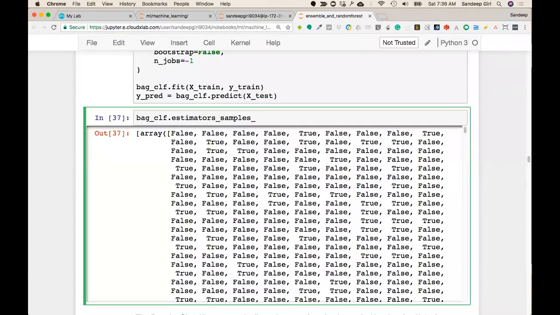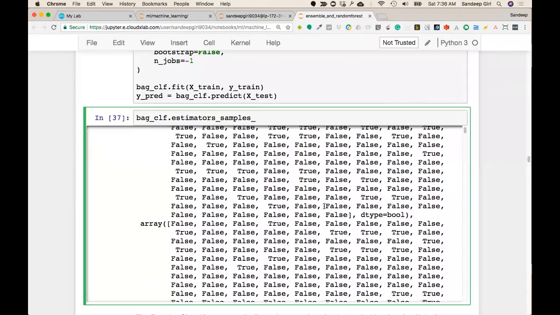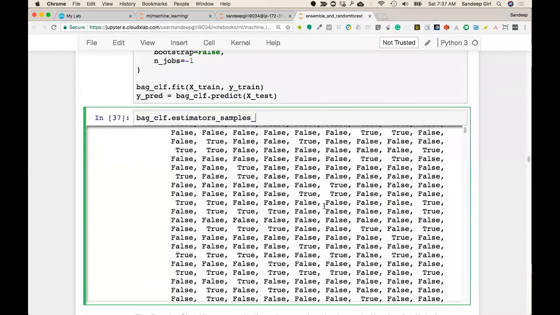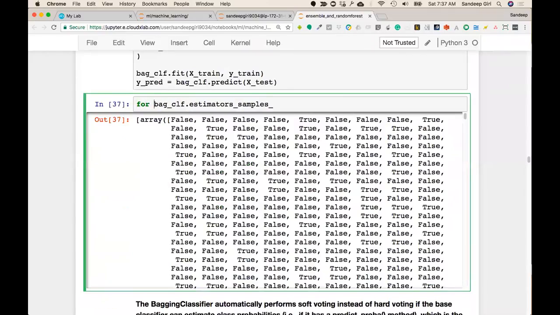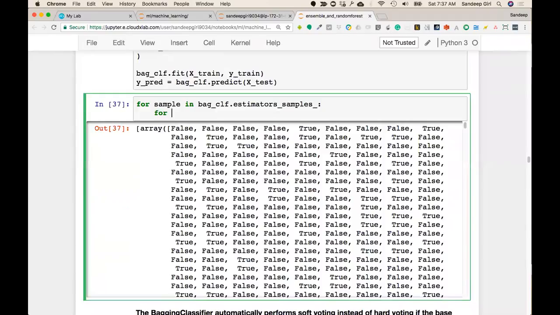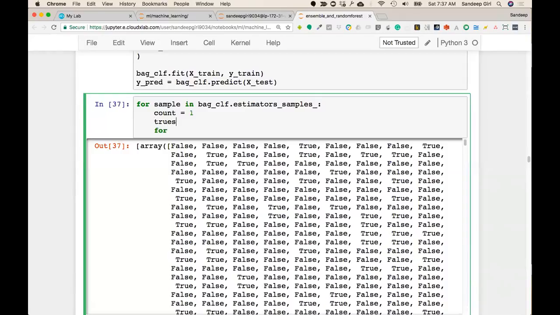One way would be to count falses and trues in each of these samples. And that way we would know how many of these are there. For sample in this, we say count equals 1, trues equals 0.